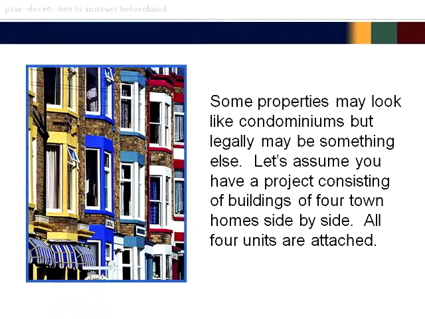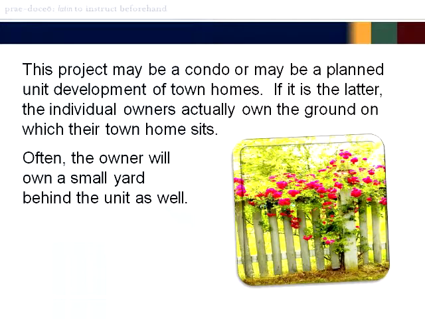Some properties may look like condominiums, but legally may be something else. Let's assume you have a project consisting of buildings of 4 townhomes side by side. All 4 units are attached. This project may be a condo or may be a planned unit development of townhomes. If it is the latter, the individual owners actually own the ground on which their townhome sits.